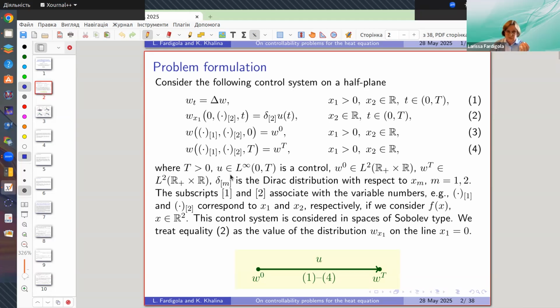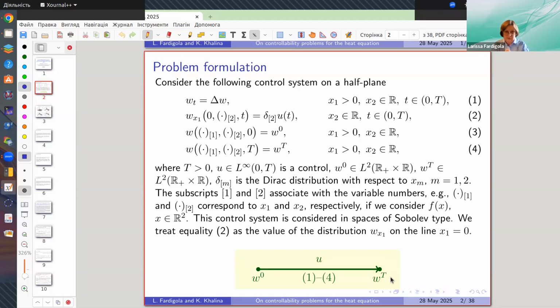It is a function of the class L infinity on (0, T). The problem is to choose this parameter u such that our system drives the initial condition to the end condition.